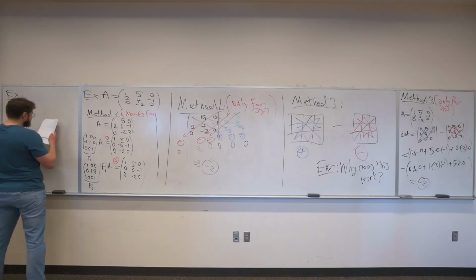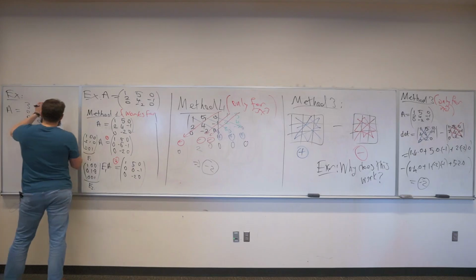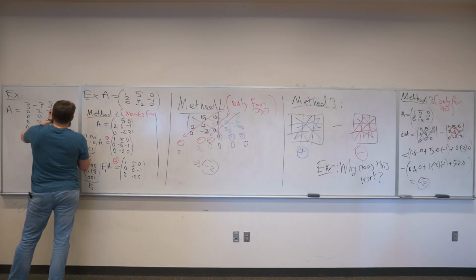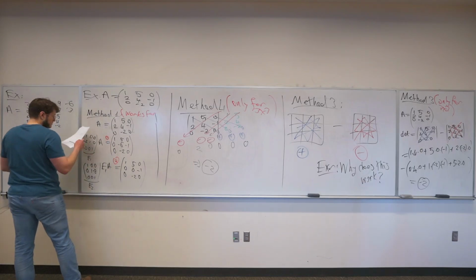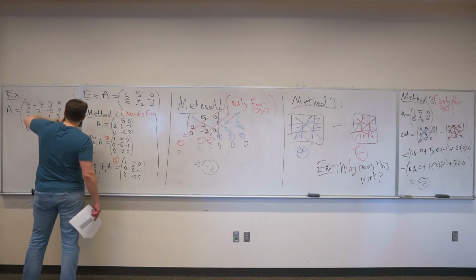Like this. -7, 2, 0, 0, 0, 8, -5, 1, 2, 0, 9, 7, 5, 4, -2, -6, 3, 0, -1, 0. So 5 by 5 this time.